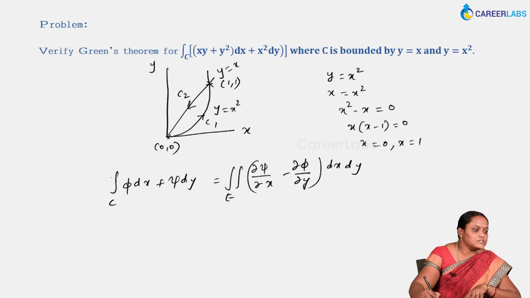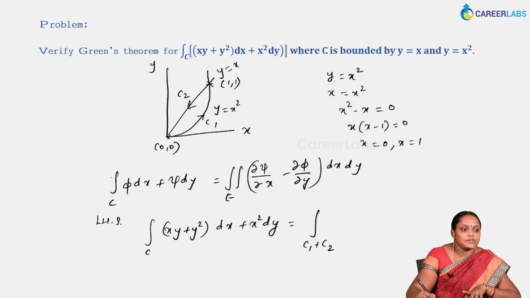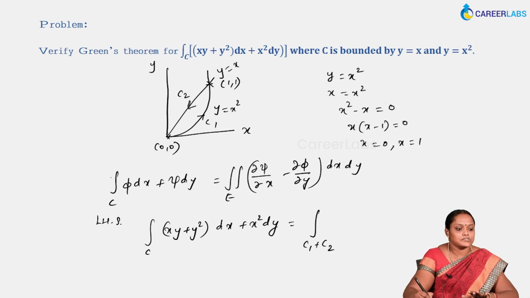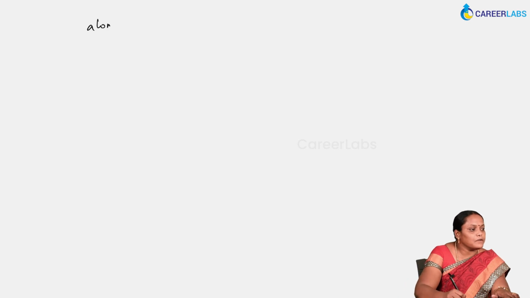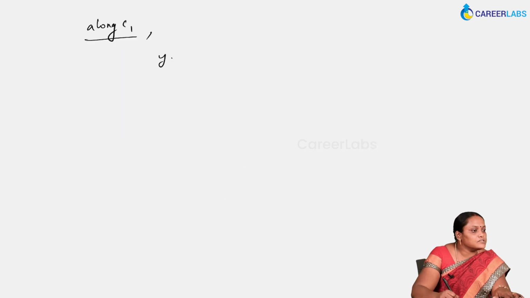Now let us consider the left hand side, that is the integral over C of (xy plus y square) dx plus x square dy. This curve is written as C1 plus C2, so we are supposed to discuss along C1 and along C2. First let us consider along C1. Along C1, y is equal to x square, so dy will be equal to 2x dx.